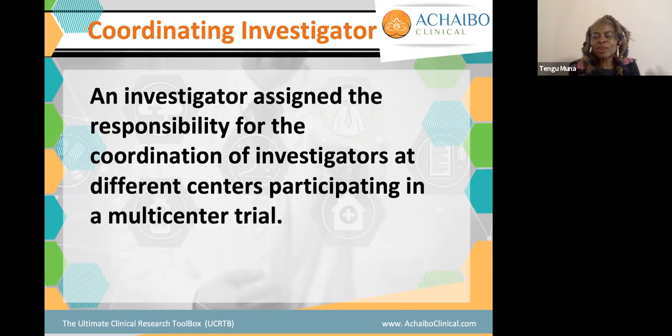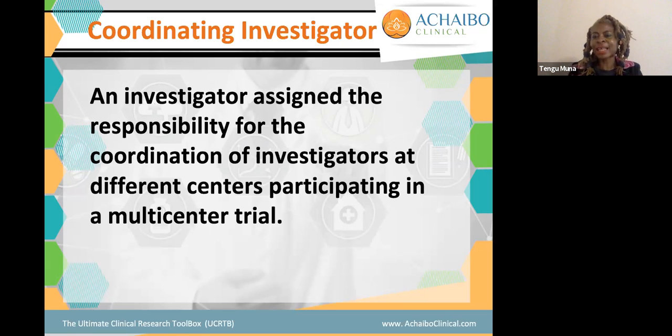And so we might say, okay, as the pharmaceutical company, it might be easier for us to have one coordinating investigator, maybe in the general hospital in Dar, who's very experienced. He's a key opinion leader. And so he can use his knowledge and expertise to really help the other principal investigators at the other research sites. Now, let me explain something here. Every clinical research site should have an investigator and a sub-investigator, and that's how it's supposed to be.